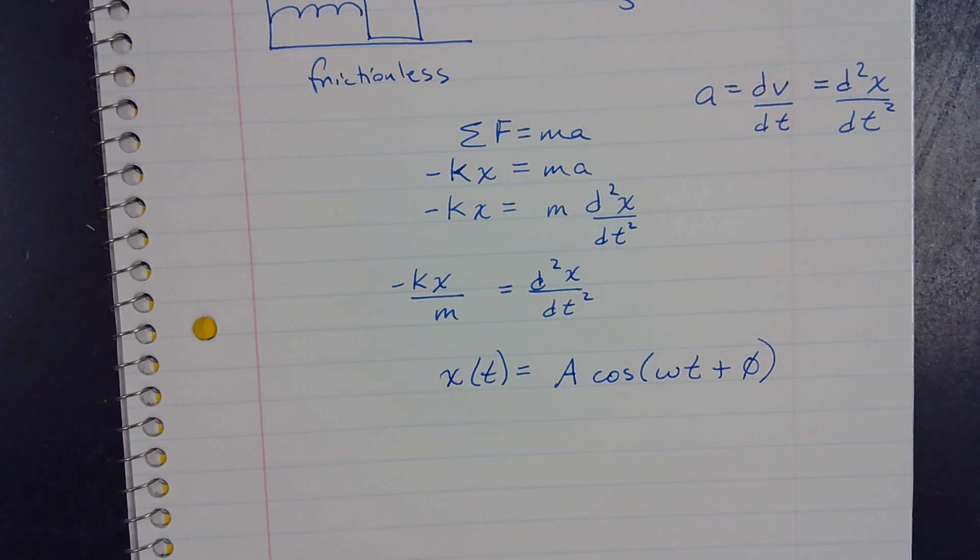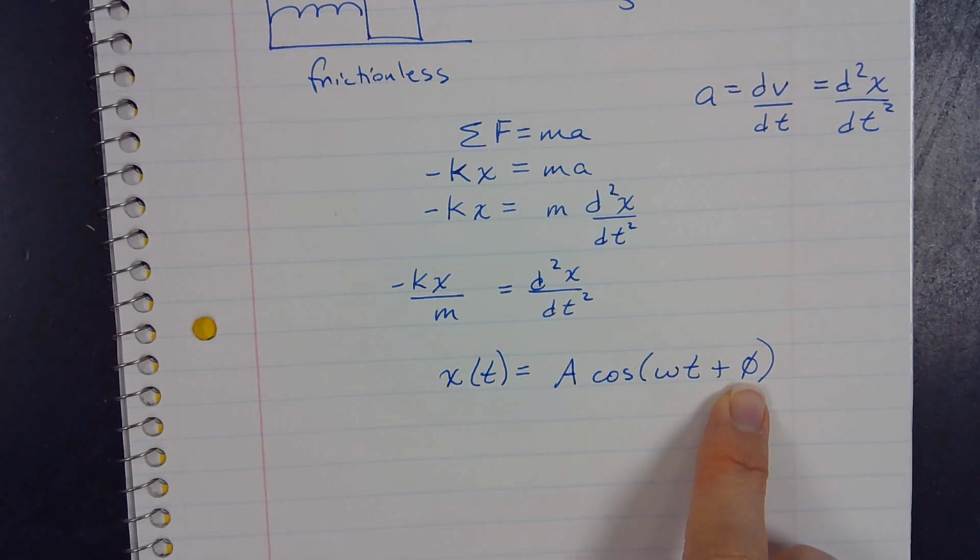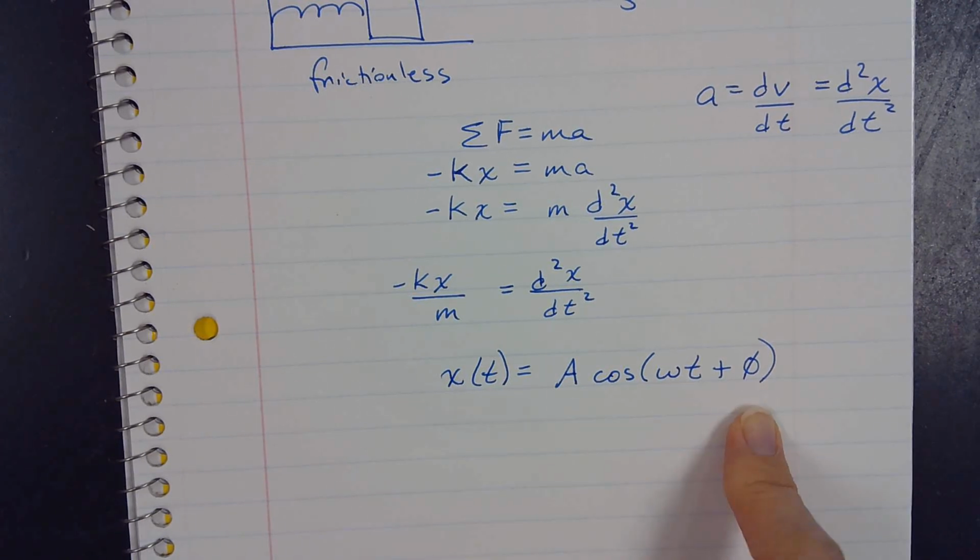The parent function would be just cosine t. But I know that I can make a cosine function bigger and smaller. I also know that I can change whether the oscillations are fast or slow. And I also know I don't have to start from the origin. I can start any place I want to. So this is the most general cosine function that exists.